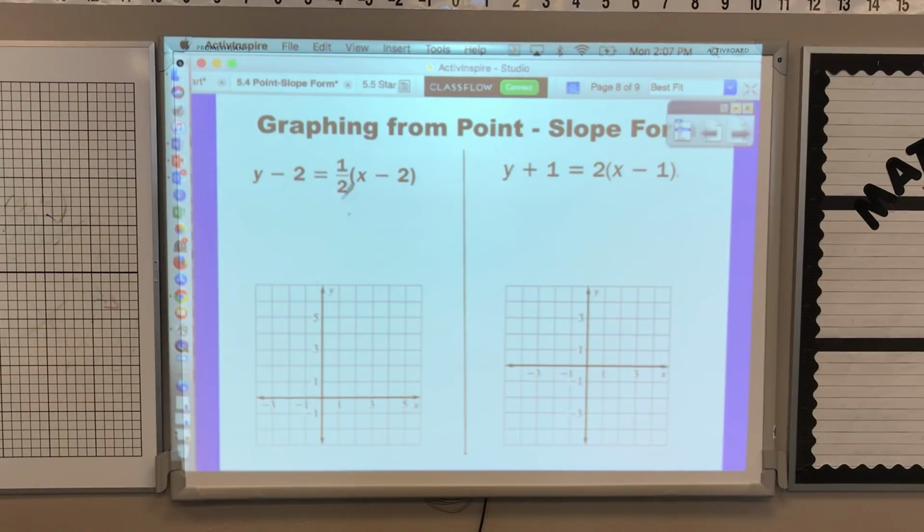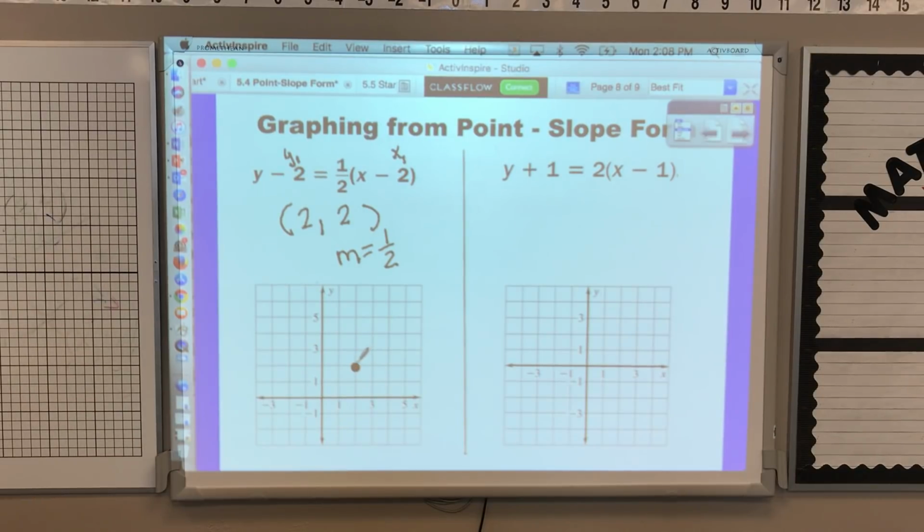Okay, so in this one, you need to first identify my ordered pair. Both of my signs are negative, which is what we want. So my x1 is with x, y1 is with y. Okay, so this ordered pair is 2, 2, and my slope for this problem is 1/2. Okay, so that means I'm going to start at the ordered pair 2, 2, so over 2 and up 2.